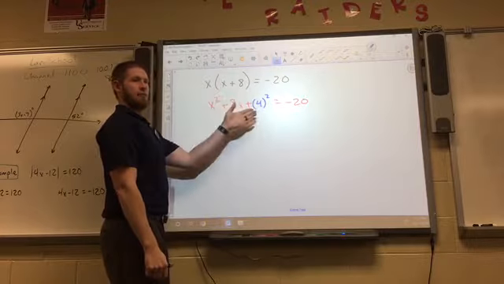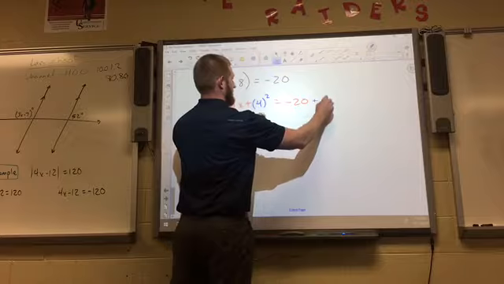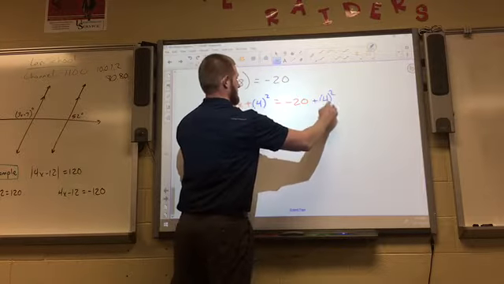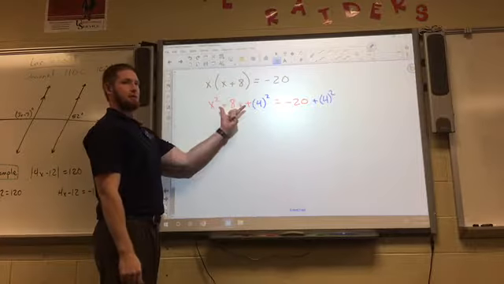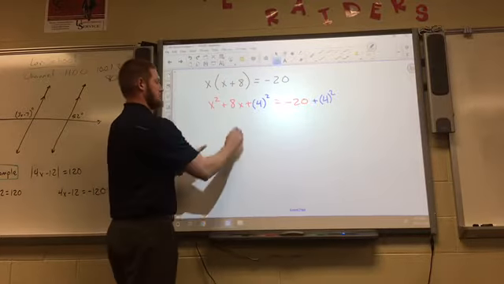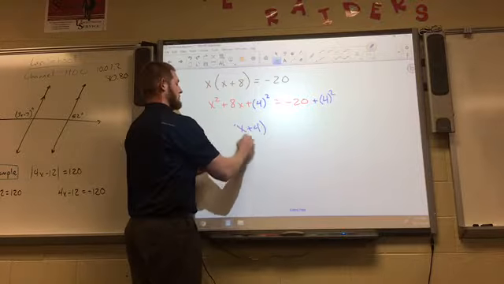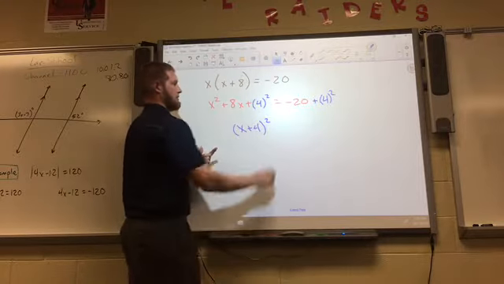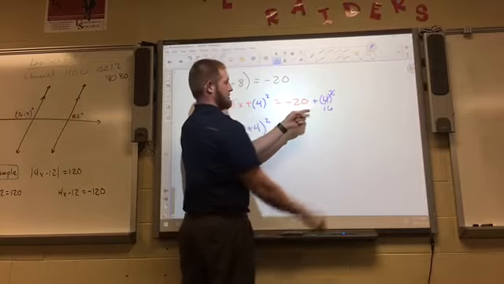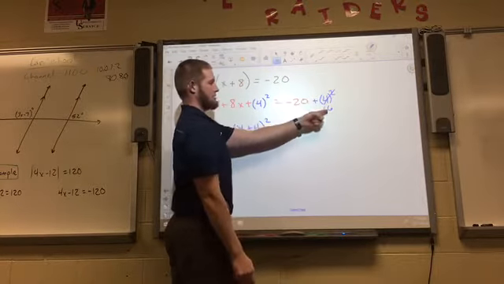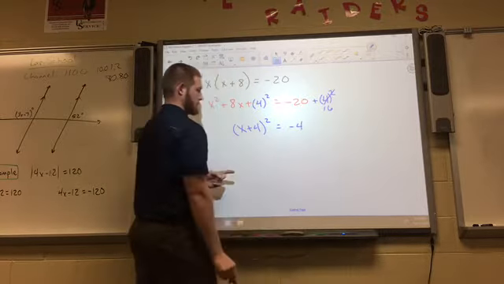But if I did it to the left side, I have to do it to the right side. So this left side factors to x plus 4 squared equals, and that 4 squared we know is 16, right? So negative 20 plus 16 is negative 4.